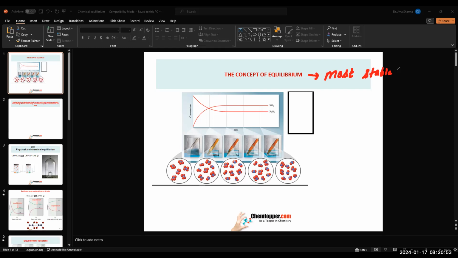Every chemical reaction tries to get in equilibrium, right? Because that is the most stable form of the reaction and nature wants stability. So everything is in the equilibrium. Like if there is some disturbance in the earth crust, earthquakes, why do they come?